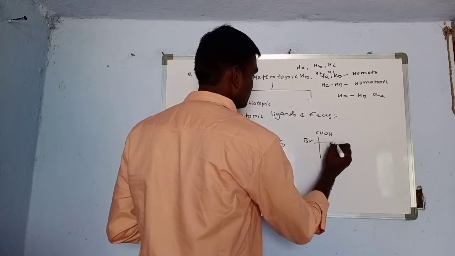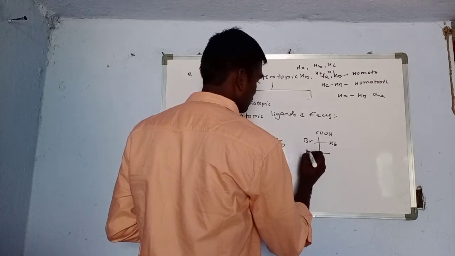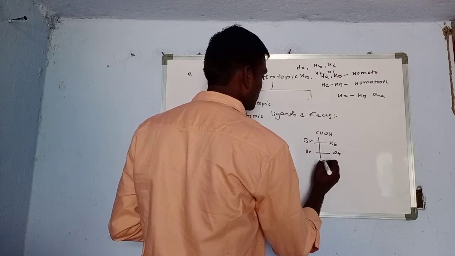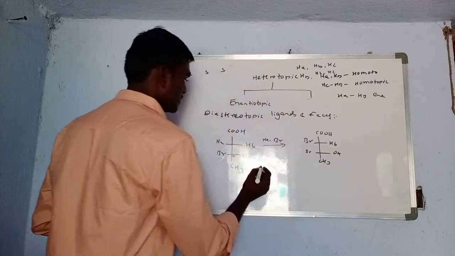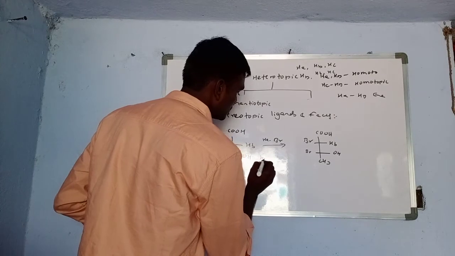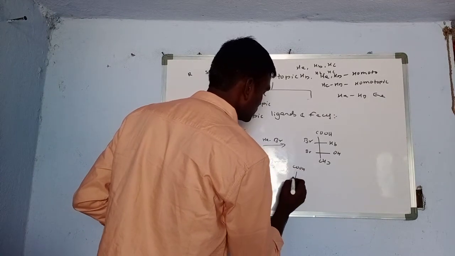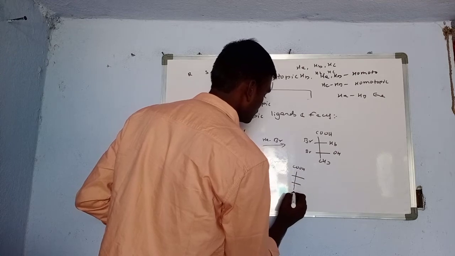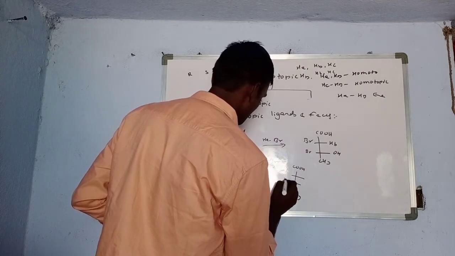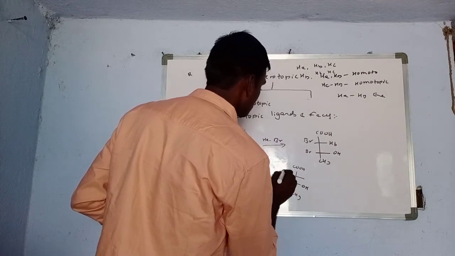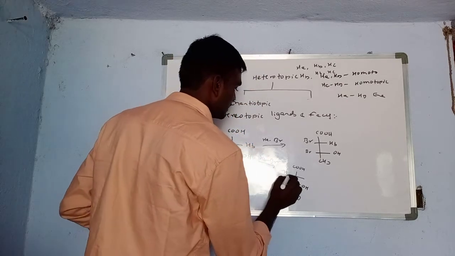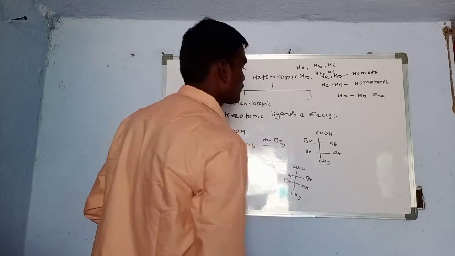So here HB, and here bromine, here OH, and here CH3. If HB is replaced by bromine, COOH, and here CH3, here bromine, and OH, this is the HA, and this is the bromine.